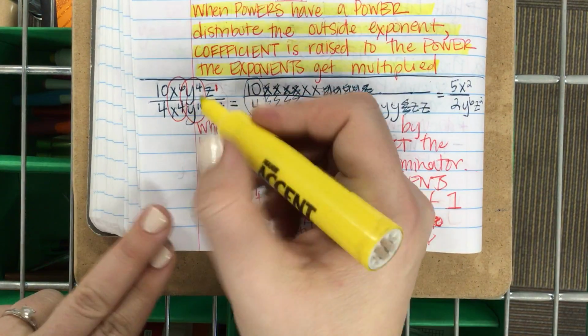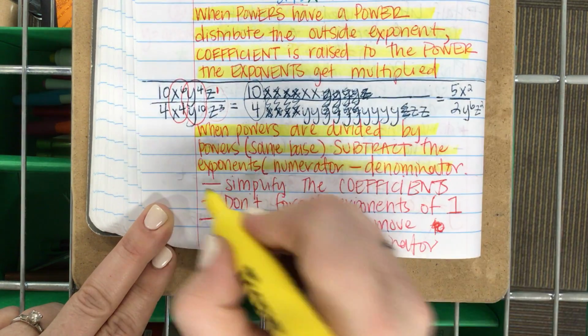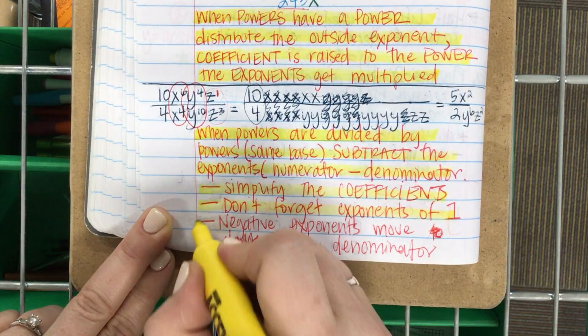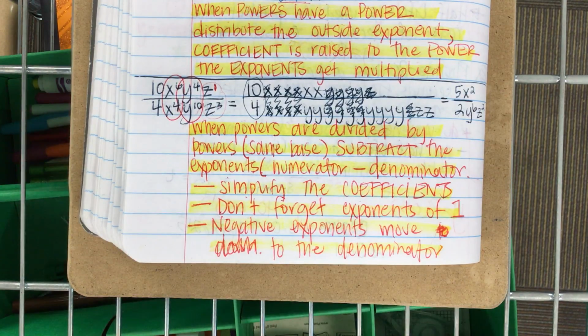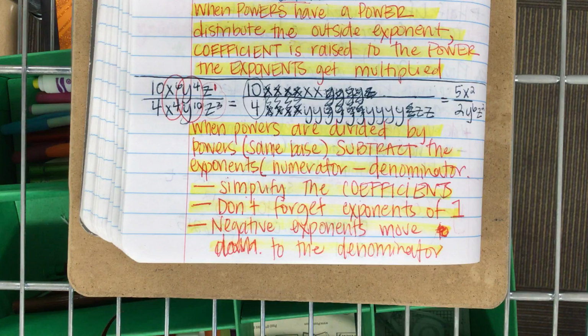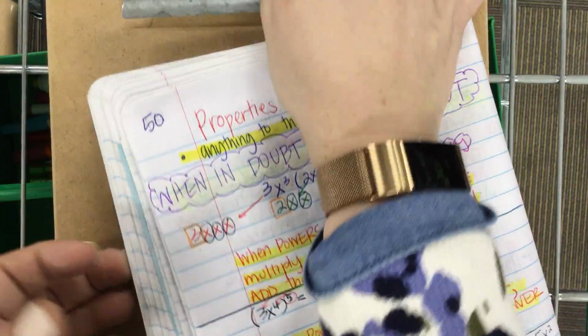Has a lot of rules, I get it. Lots of shortcuts, but if these shortcuts don't work for you, you can always write it out. On page 51, we're going to do a few examples. Here we go.